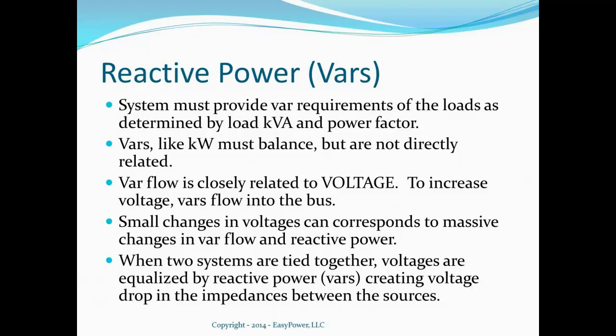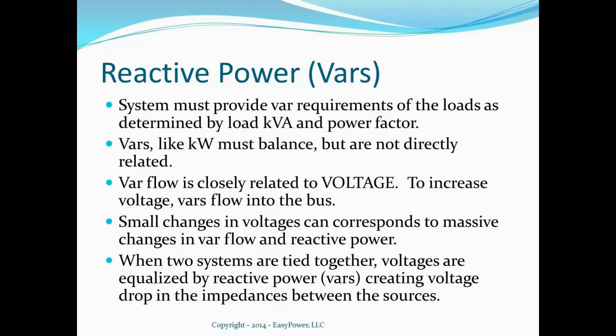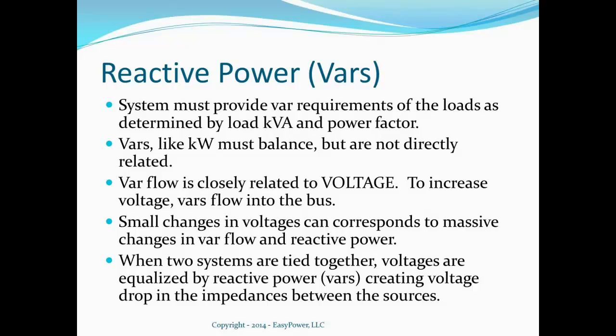That has to be the same voltage by definition because they're tied together. So to equalize that, whatever the voltage is at each source, there's a VAR flow that happens to create voltage drop through the impedances of the system to equalize those two voltages. And we'll take a look at how that works in a minute.